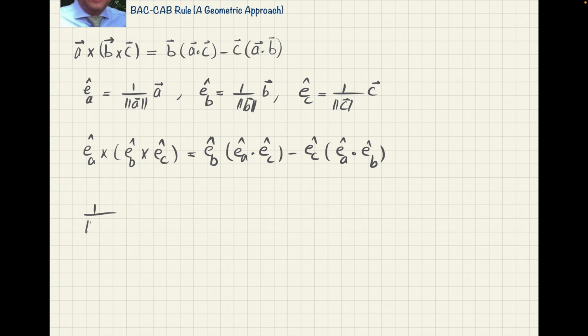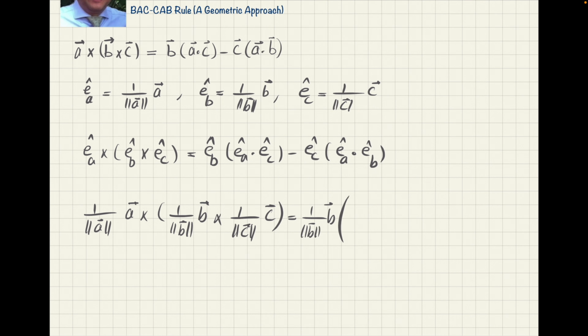It becomes 1 over norm of A cross 1 over norm of B cross 1 over norm of C is equal to 1 over norm of B, and then 1 over norm of A dot 1 over norm of C, and then minus 1 over norm of C, 1 over norm of A dot 1 over norm of B.